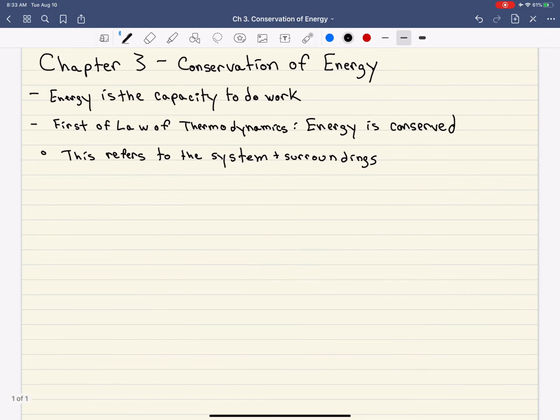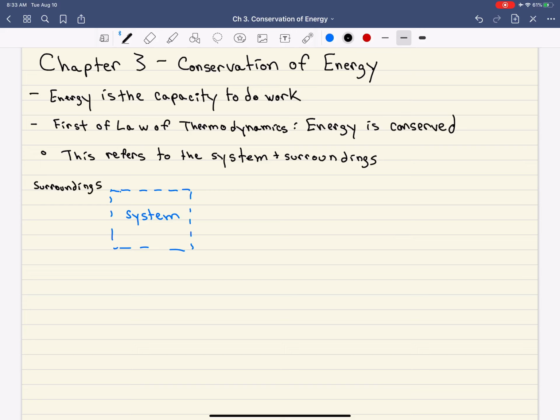Okay, and so let's visualize this a bit. Let's say we have some sort of system here in blue, and the borders of the system are these dashed lines. Everything outside of the borders is what we would call the surroundings.